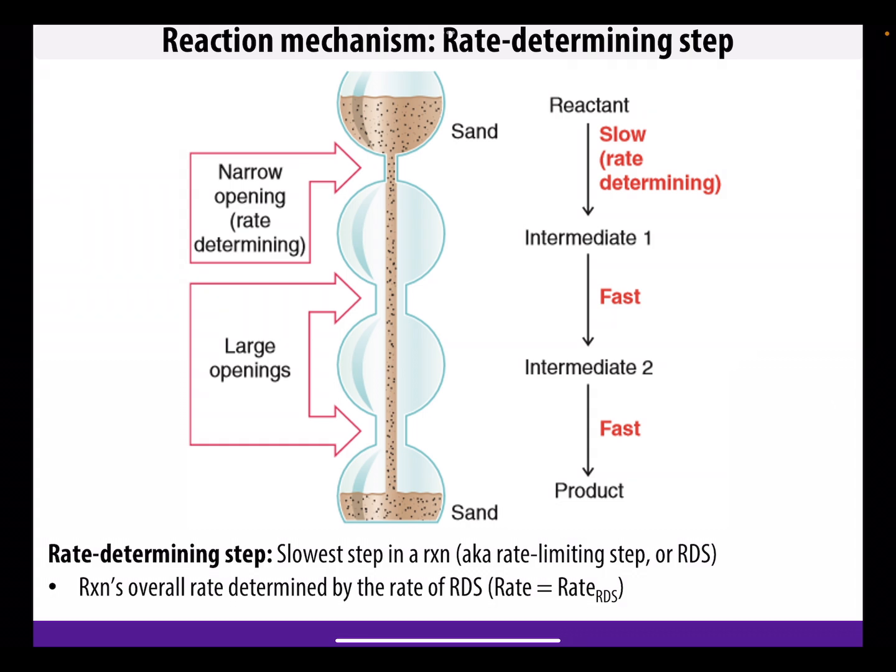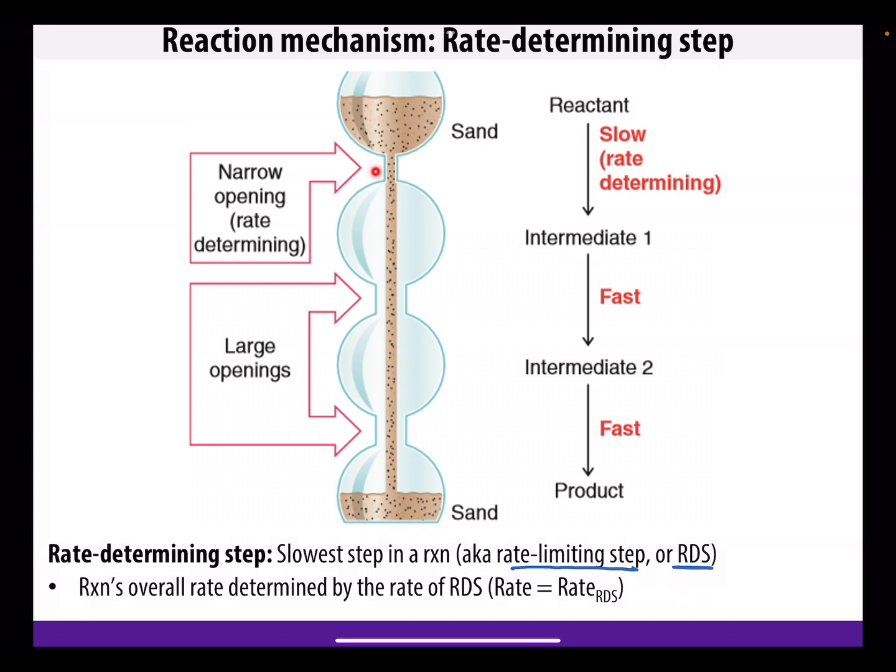Okay, the next thing we want to do is compare the mechanism and the rate law that it would predict to experiment. The way we're going to do that is using this idea of the rate determining step. The rate determining step is the slowest step in a reaction. It's also known as the rate limiting step, and sometimes is abbreviated RDS. We can understand that with this analogy with the sand in a timer. We've got this pile of sand, and we've got a narrow opening up here.